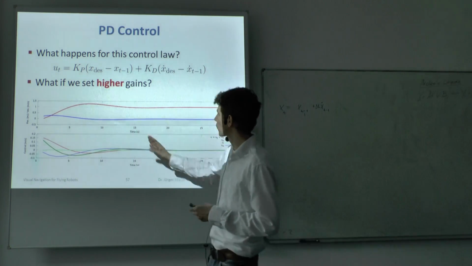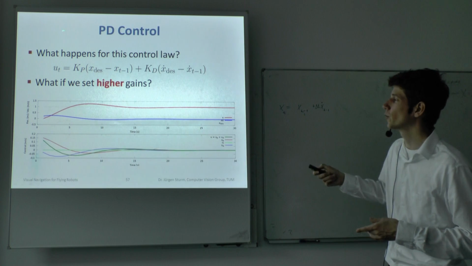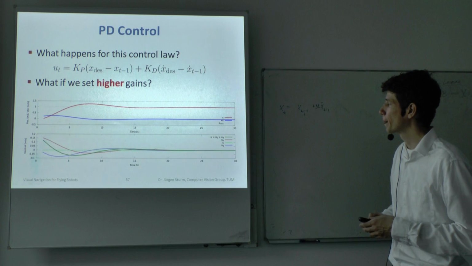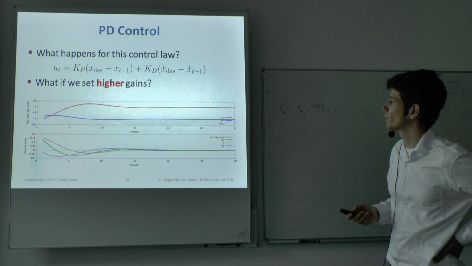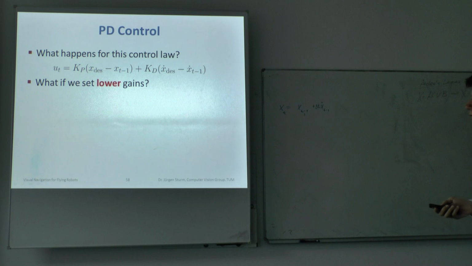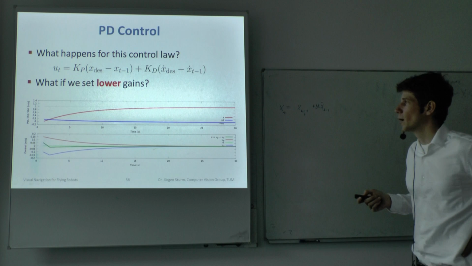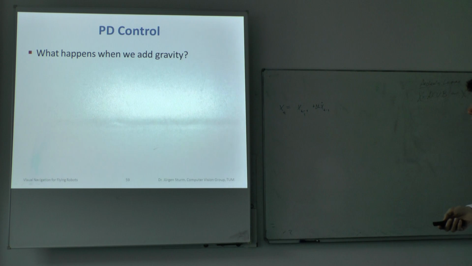Here it takes even longer, so this is probably not a good idea. But you can sometimes find controller gains that will quickly bring your system to the steady state at the cost of overshooting. Good. If you have lower gains, then things take longer, obviously, but it might be more stable.